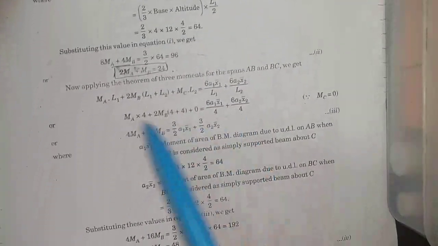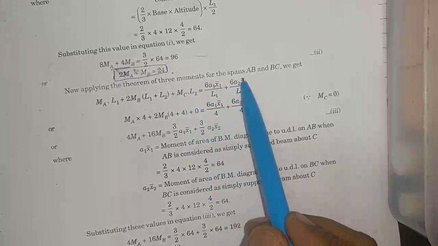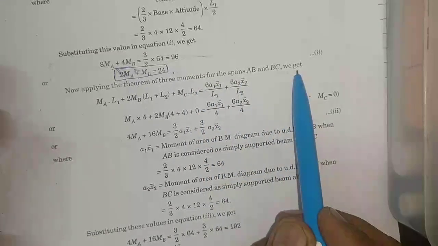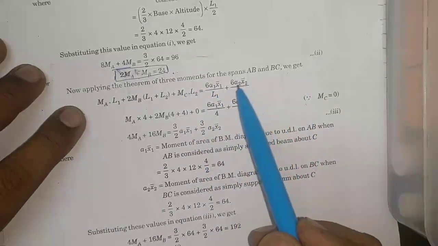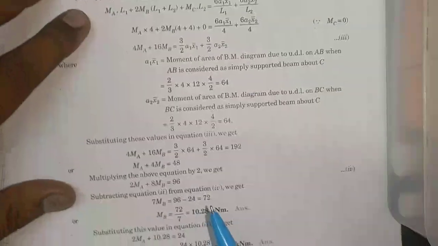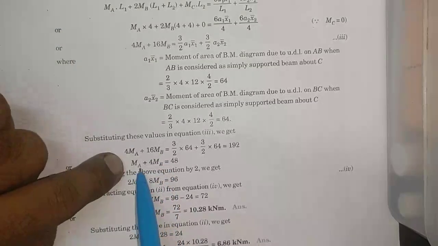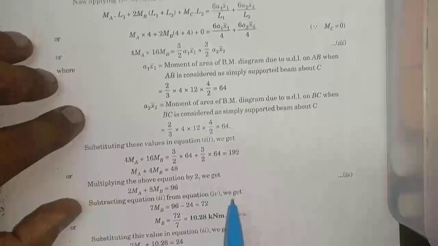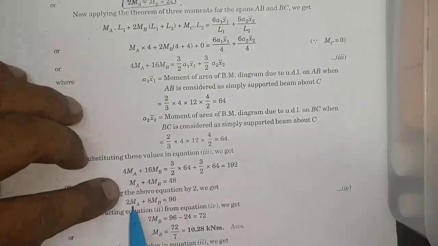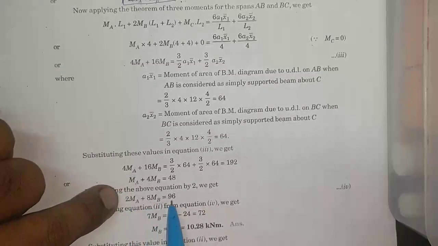Next we apply the theorem of three moments for spans AB and BC. Applying it, you get one more equation: 2MA plus 8MB is equal to 96. This is the second equation.